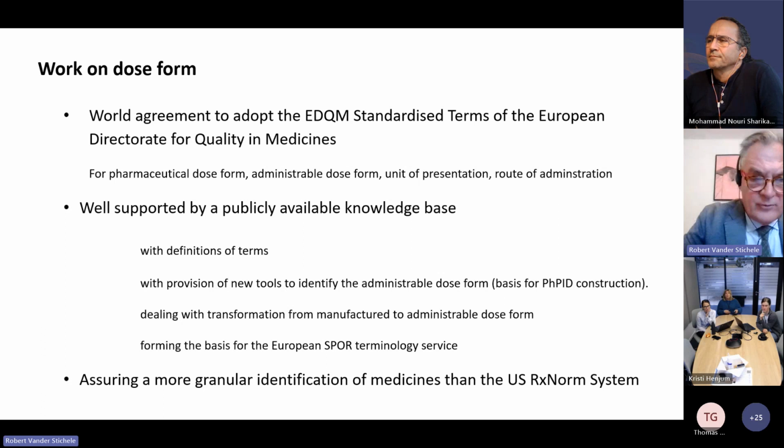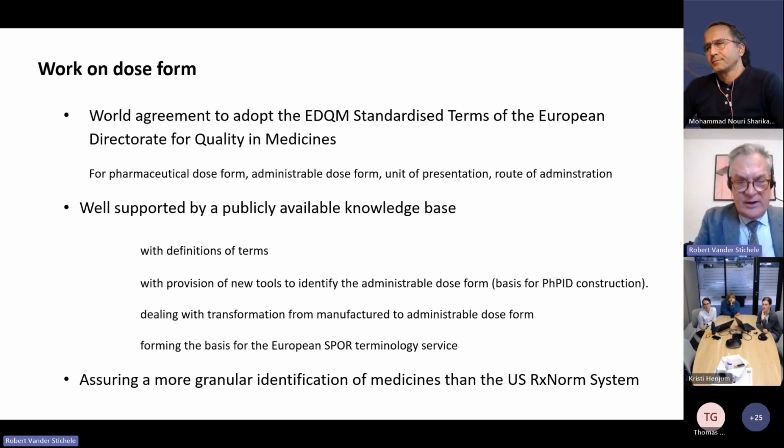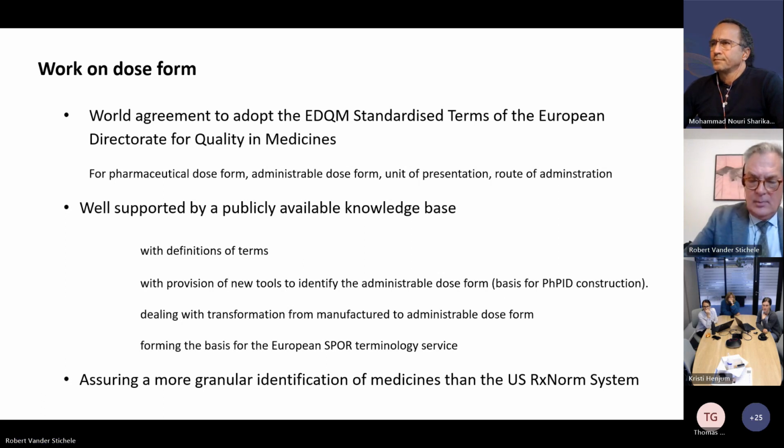For instance, a syrup in powder needs to be transformed to a liquid solution for oral solution, and so it changes from manufactured dose form to administrable dose form, and we want the administrable dose form forming the basis for the European SPOR terminology server. So that allows us and assures a more granular identification of medicines than the US NCI system, which is not so granular. EDQM, for instance, has more than 400 different dose forms, while the US system has less than 200.